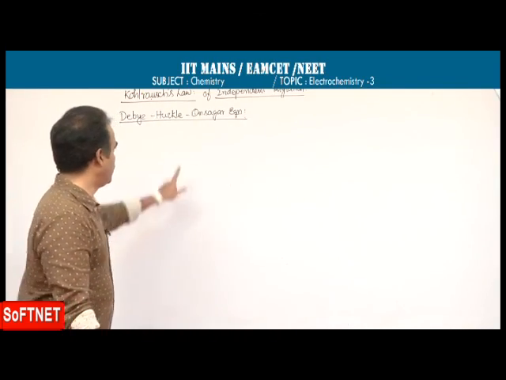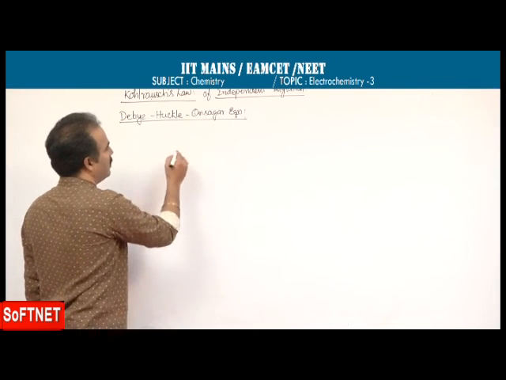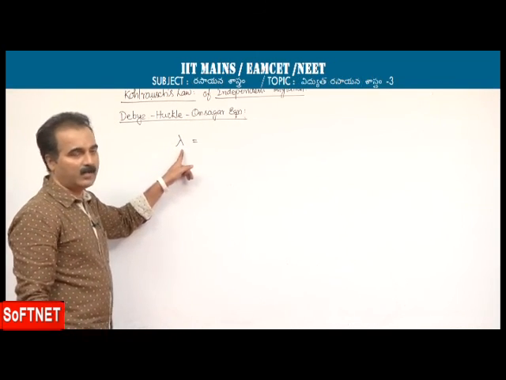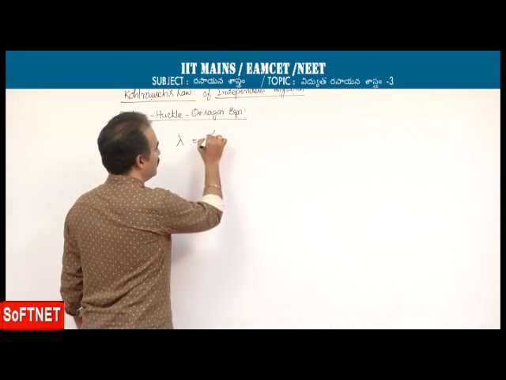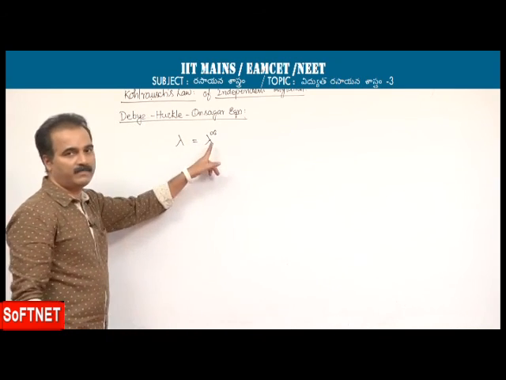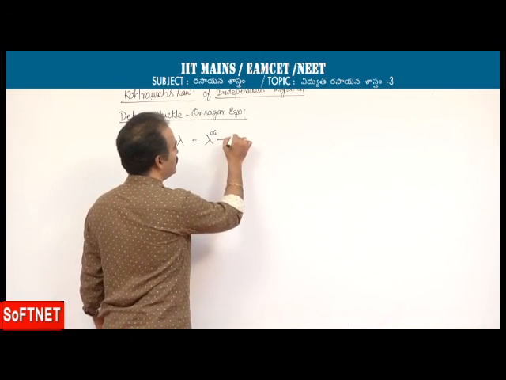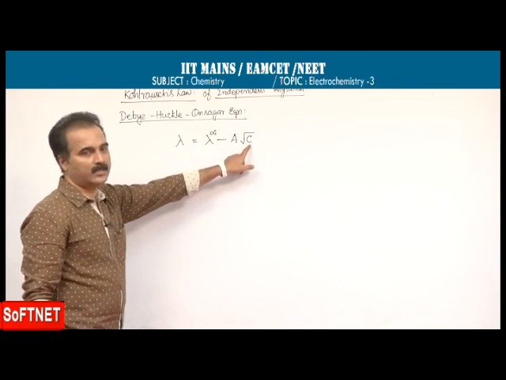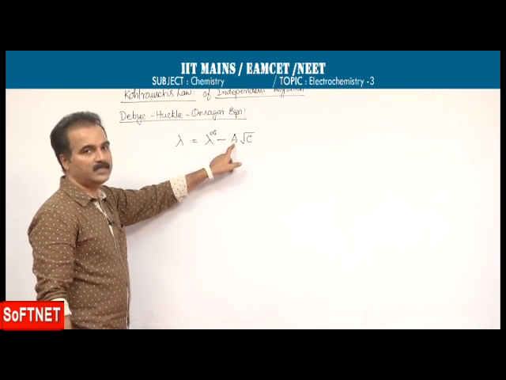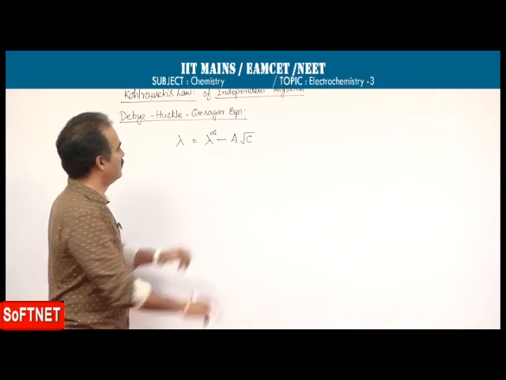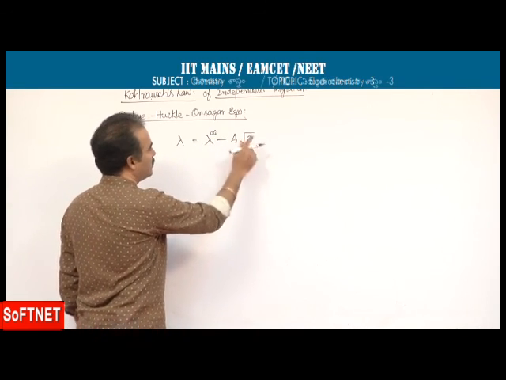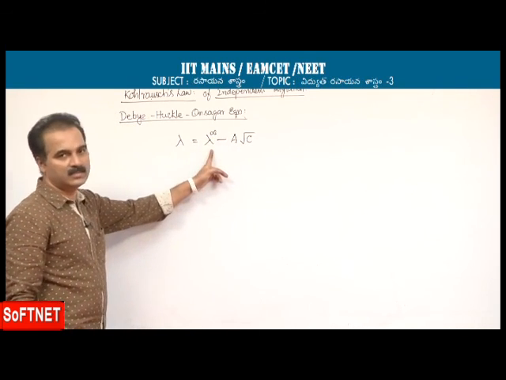We will study what the Debye-Huckel-Onsager equation is. According to the Debye-Huckel-Onsager equation, the molar conductance of any electrolyte is its molar conductance at infinite dilution minus A root C, where C is the concentration. A is a constant which is independent of the solution. So, lambda is equal to lambda infinity minus A root C. What does this signify?